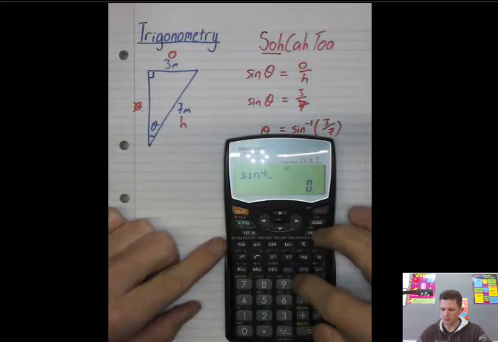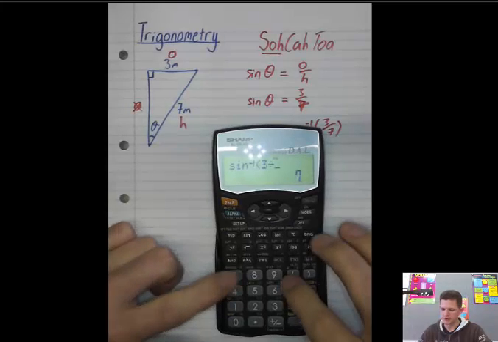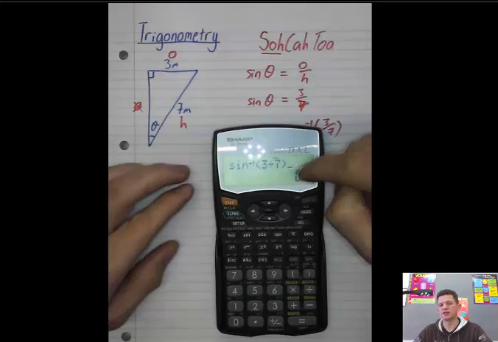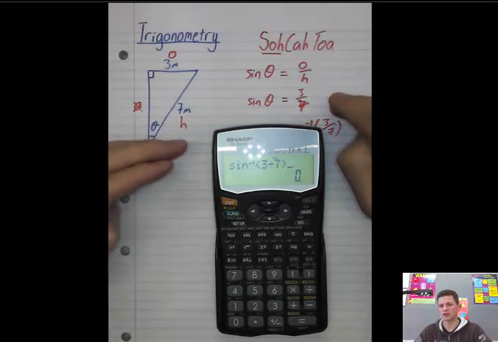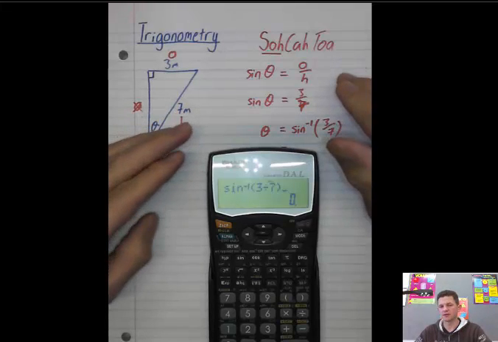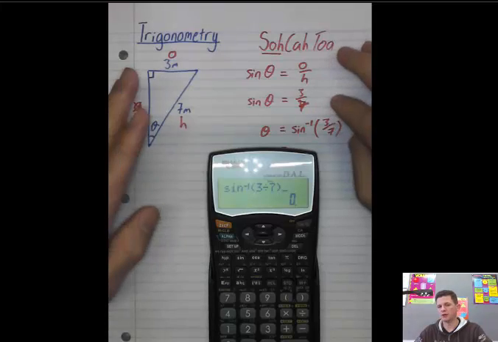Then we're going to open up the brackets and put in 3 divided by 7. I recommend using the divided by button instead of the ABC button for all of this. There can be problems later on down the track if you rely on using the ABC button all the time. But we'll move on from there.